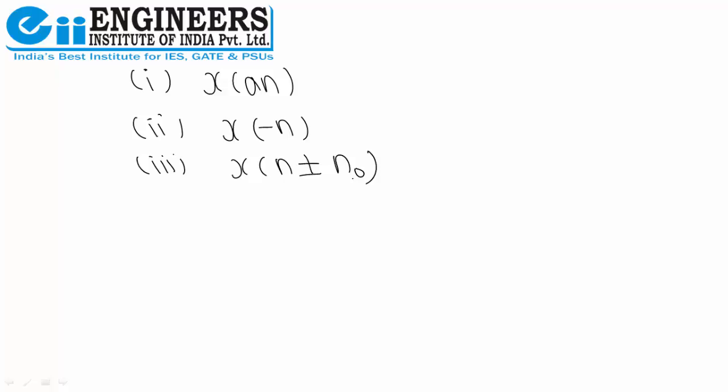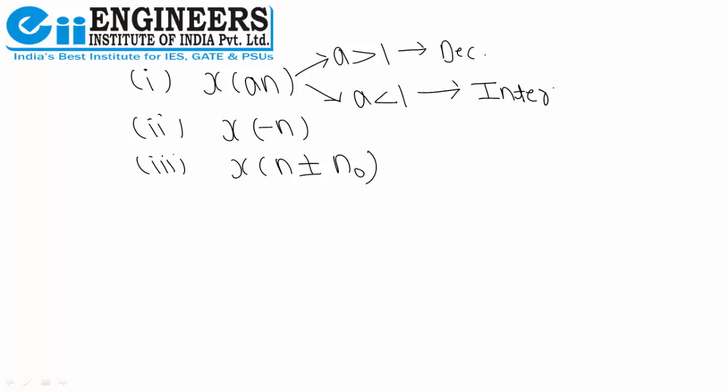What is a in the first operation? a is a constant here. If a is greater than 1, then there will be decimation, and if a is less than 1, then there will be interpolation. Now these are new terms, decimation and interpolation.